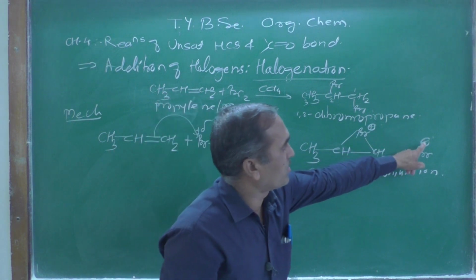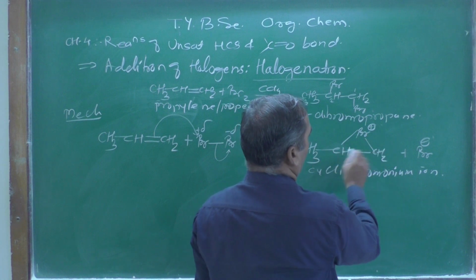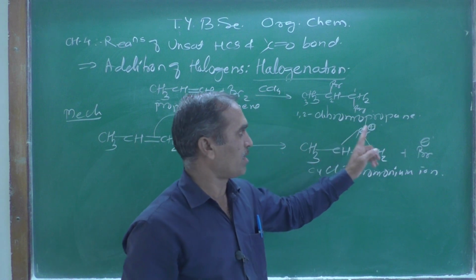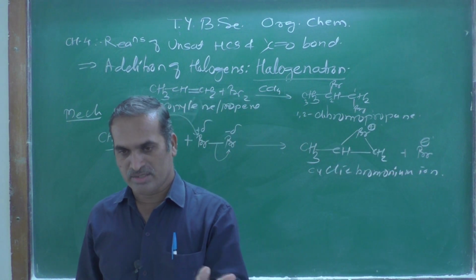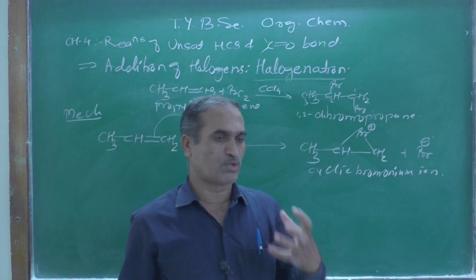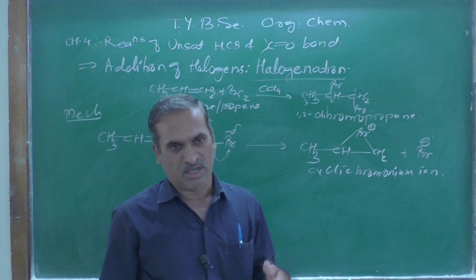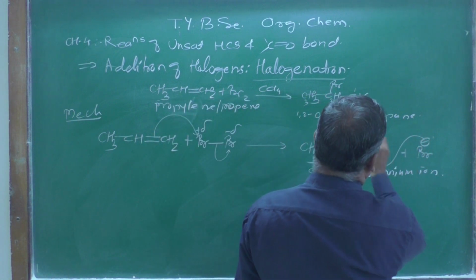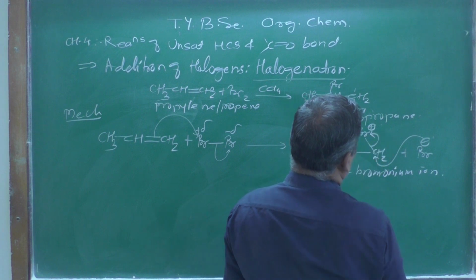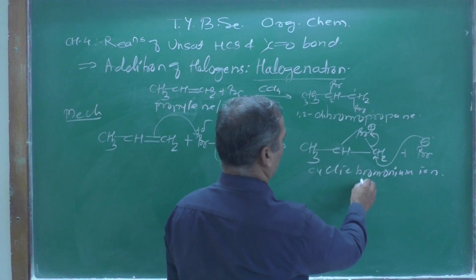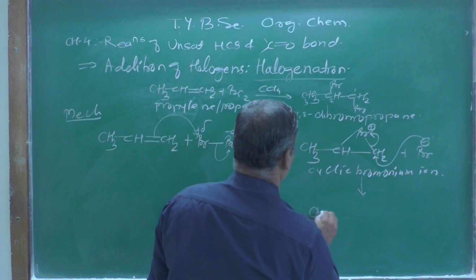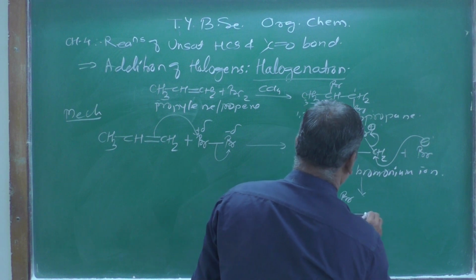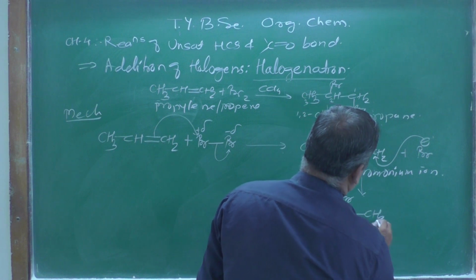Therefore it attacks from the side opposite to this Br, because the two bromines are similar and would create a lot of steric interaction. So the Br minus prefers to attack from the side opposite to that bromine atom, and that's why the product here is CH3, CHBr, CH2, Br.